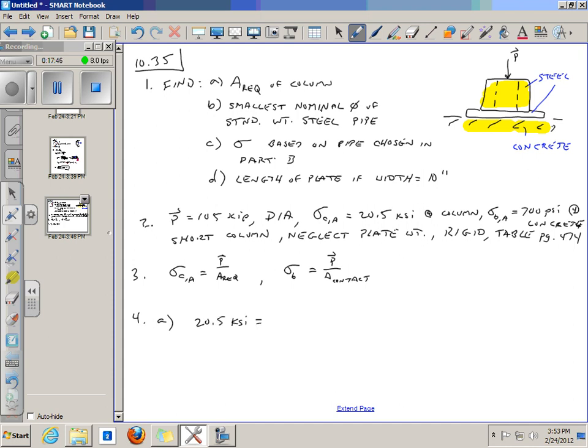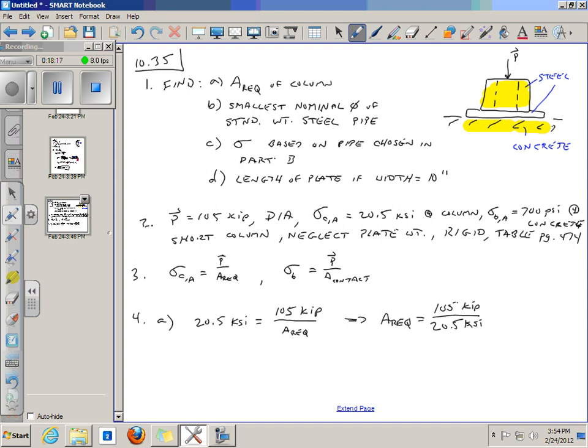That's equal to the amount of axial force we have, which is 105 kips, over required area. So we just cross multiply and we get the required area is equal to 105 kips over 20.5 KSI.